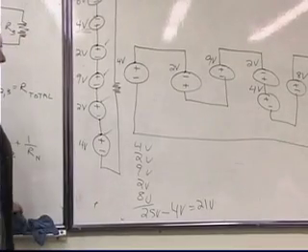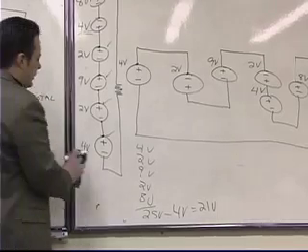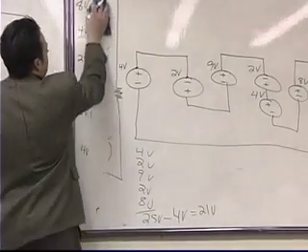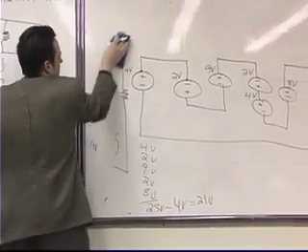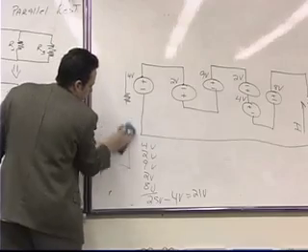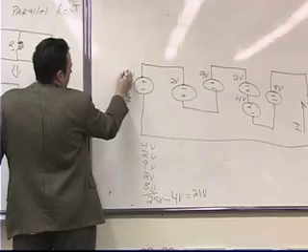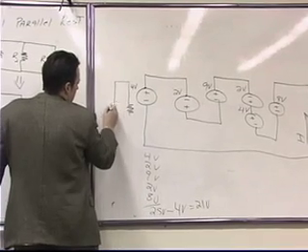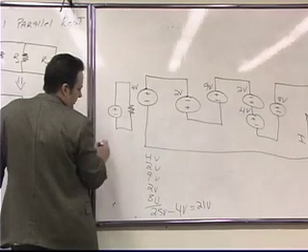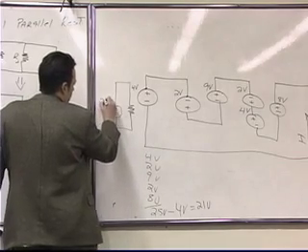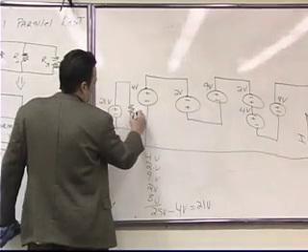So what I can do then, to further simplify the circuit, is I can erase all these batteries right here. And I can replace them with one single battery that has a polarity positive to negative that is 21 volts and 10 ohms.